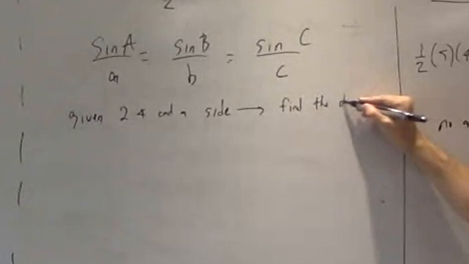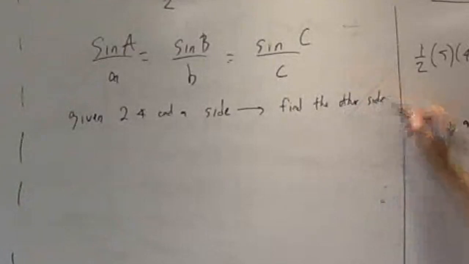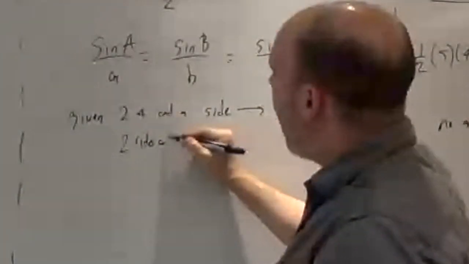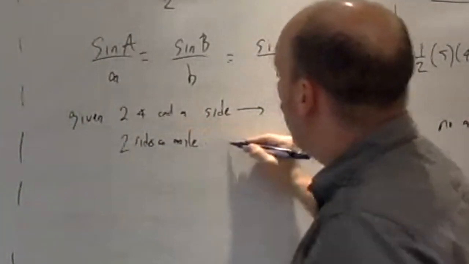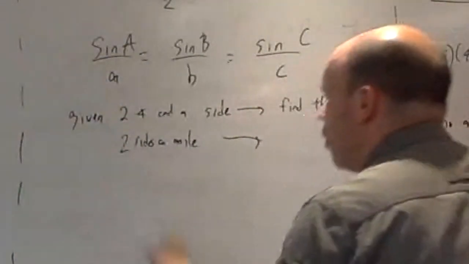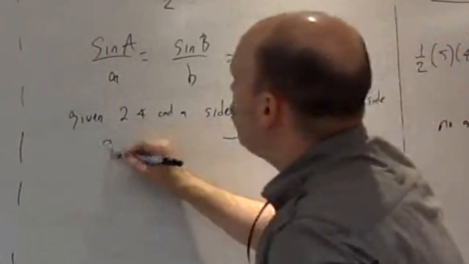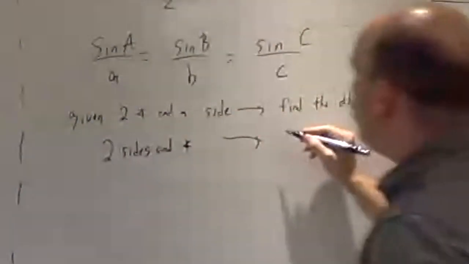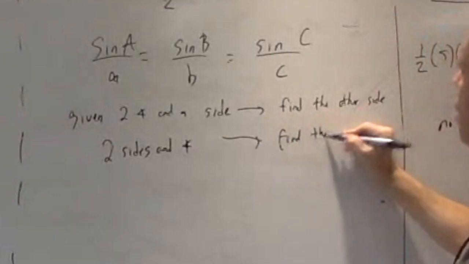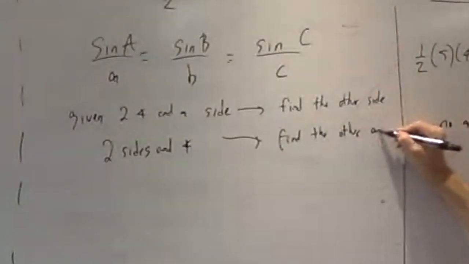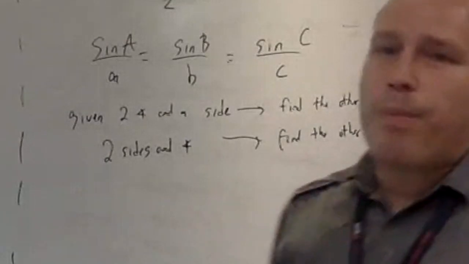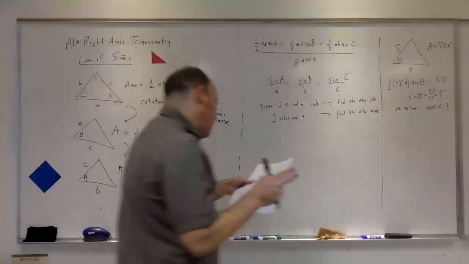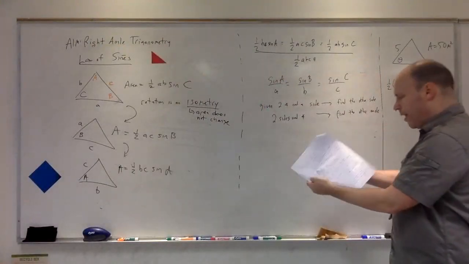Or given two sides and an angle, you can find the other angle. Let's go to the problem. Obviously, because they're sines, we're going to have some issues, but it's no big deal, right?